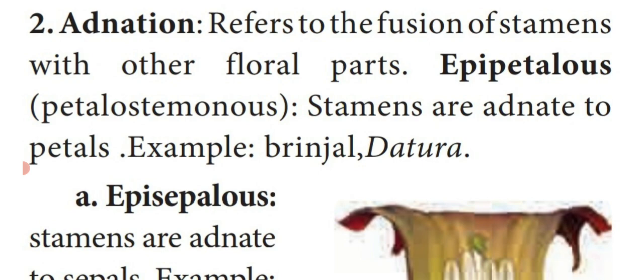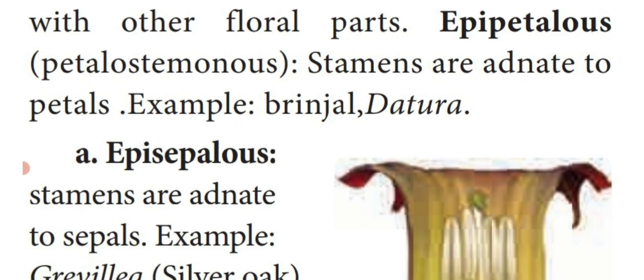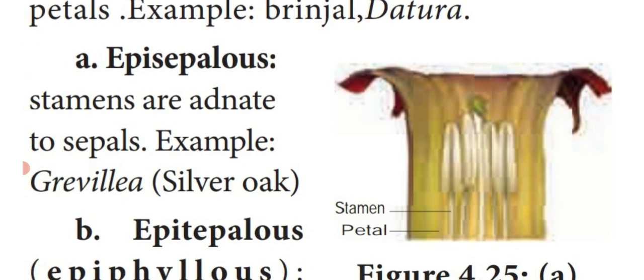Epipetalous flower or petalostaminous flower. See the definition. Stamens are adnate to petals. Example, brinjal and datura. So brinjal, we all know that one. Datura means ummatham.